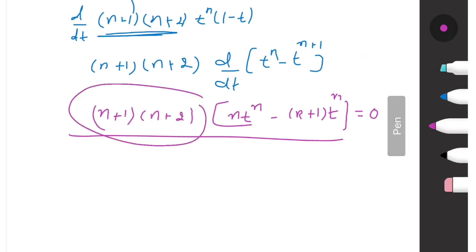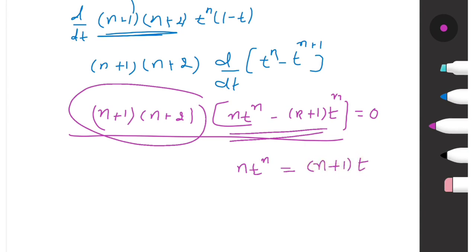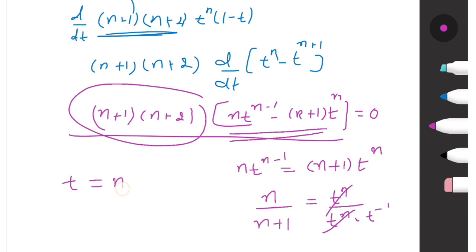So only this part will be left: n t^(n-1) = (n+1) t^n. This will be n/(n+1) = t. The common power of t will get cancelled and I will get t = n/(n+1), which is less than 1.